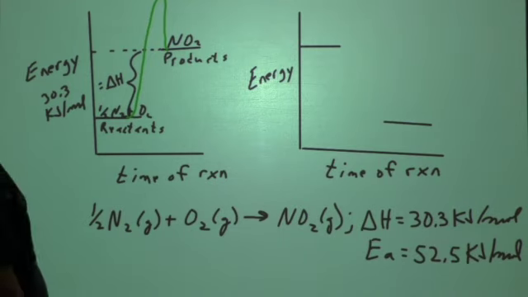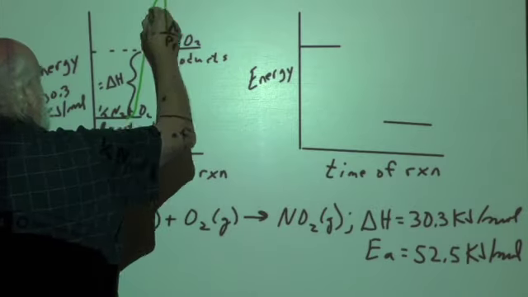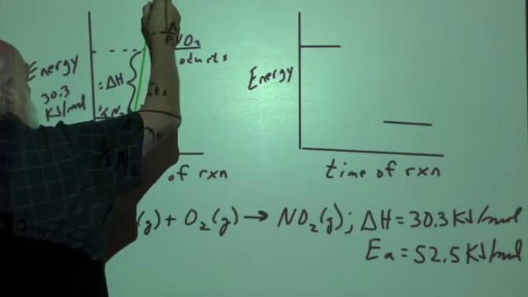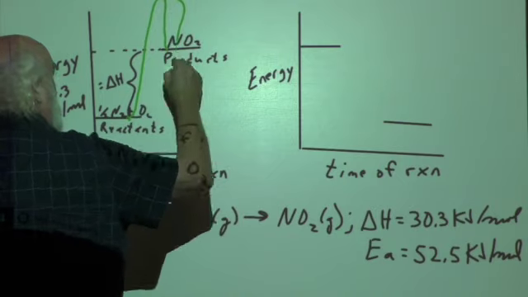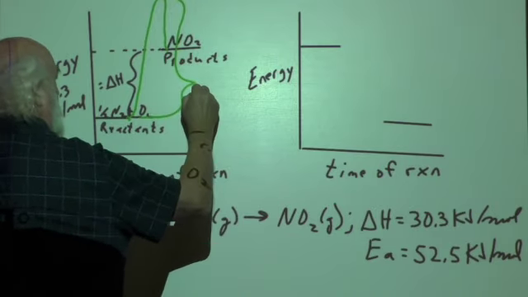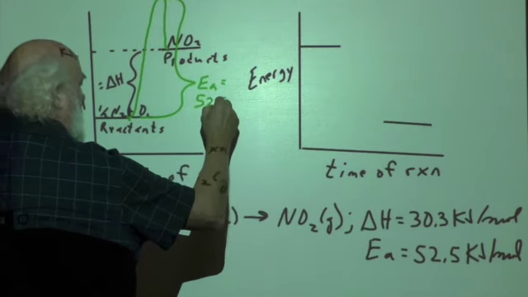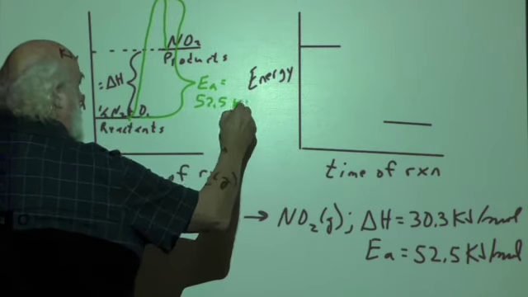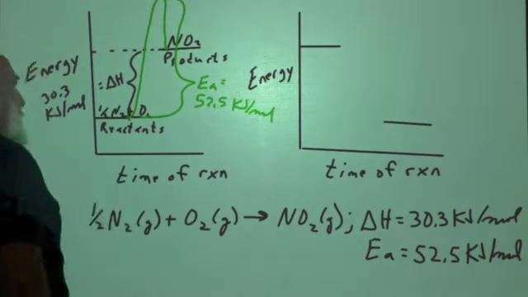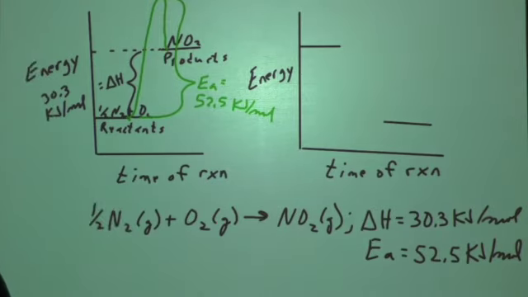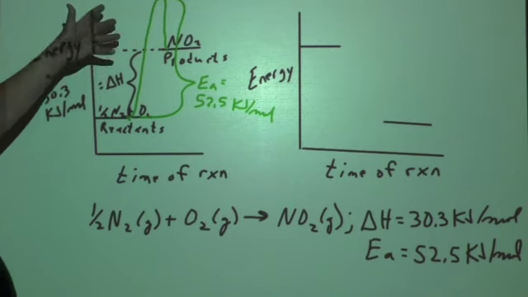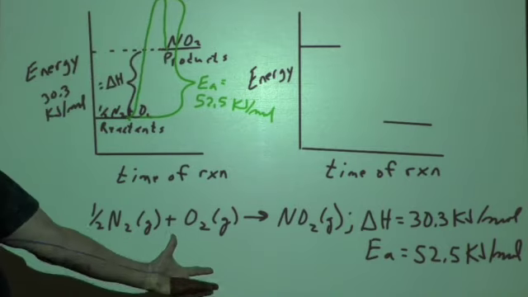Okay? So your activation energy is from the reactants to the top of the hump, remember? EA equals 52.5 kilojoules per mole. Okay? So that is what the endothermic reaction will look like, given this information.